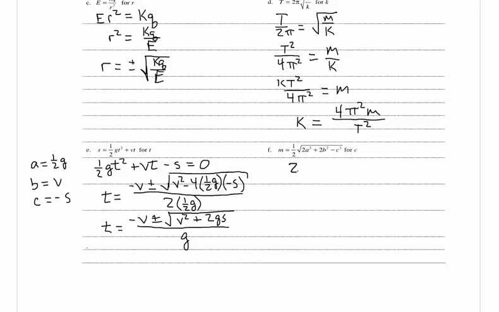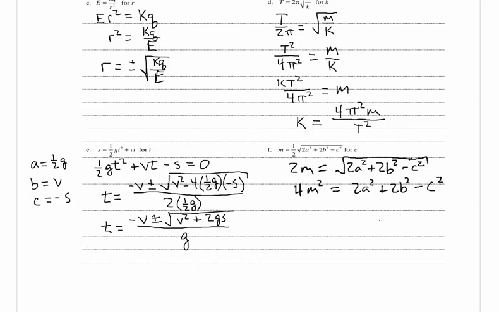So I have 2m is equal to the square root of 2a squared plus 2b squared minus c squared. And now we're going to square both sides of the equation, and 2m squared is 4m squared, and that's equal to 2a squared plus 2b squared minus c squared.